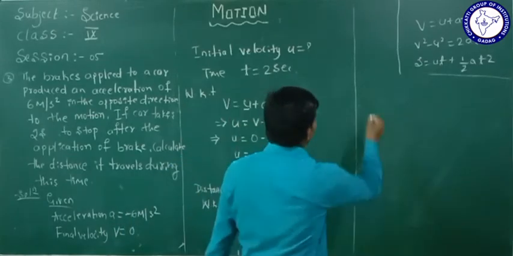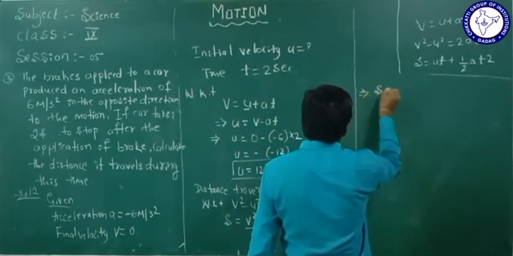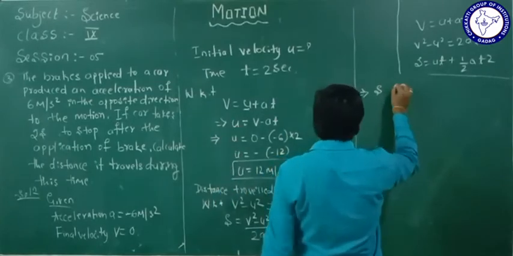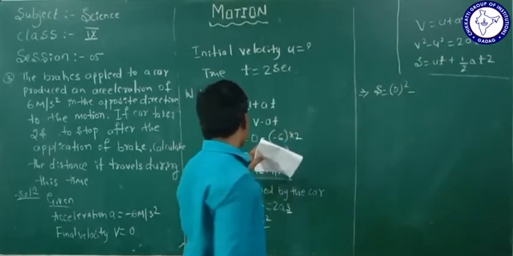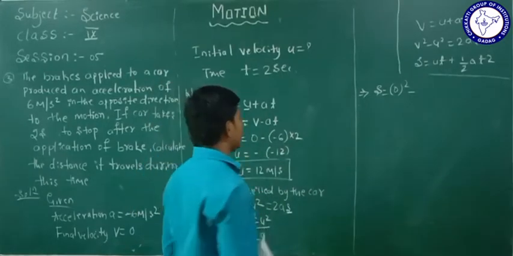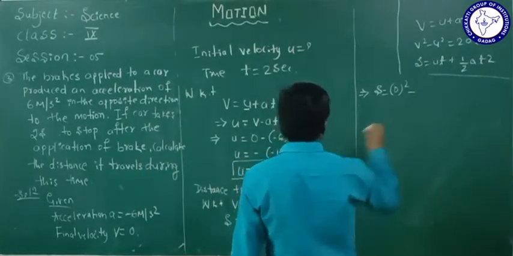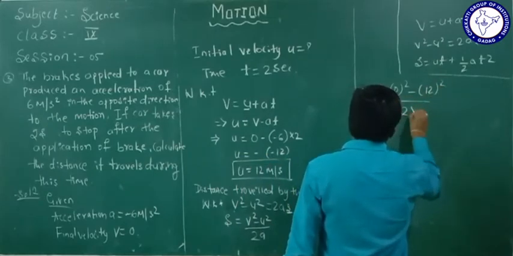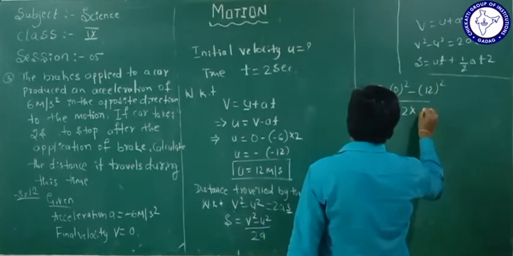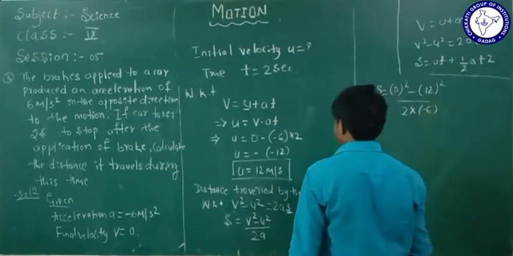Substitute the value here. The value of V here is 0. S is equal to 0 square minus U square. The value of V is 0 and the value of U is 12. That is 12 square divided by 2 into the value of A, which is 6 meter per second square. That is minus 6.